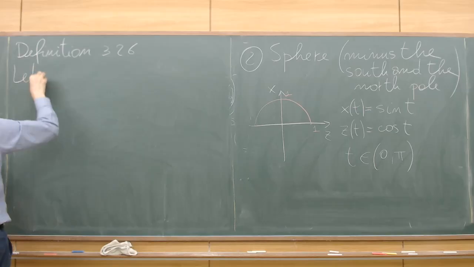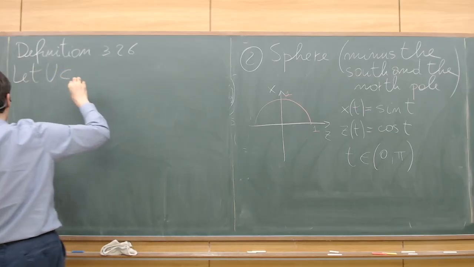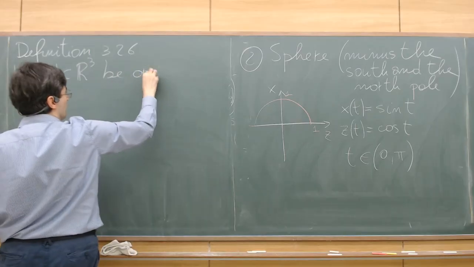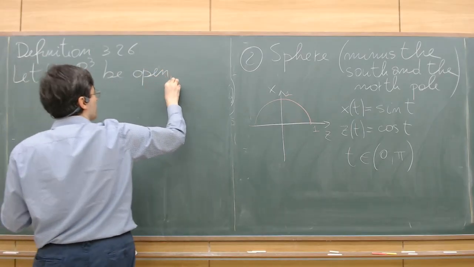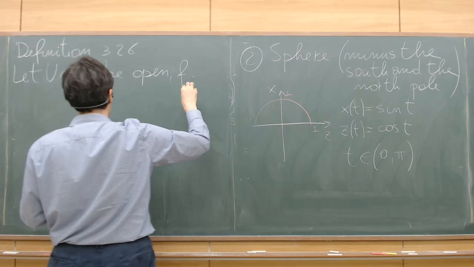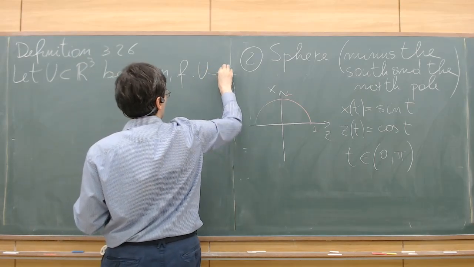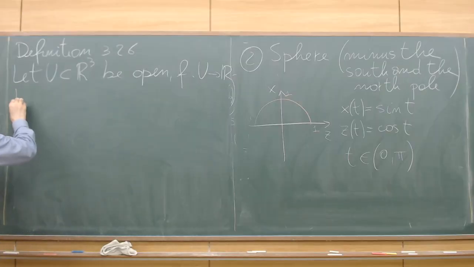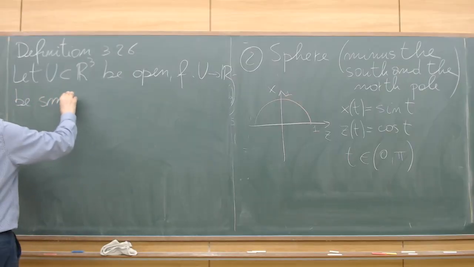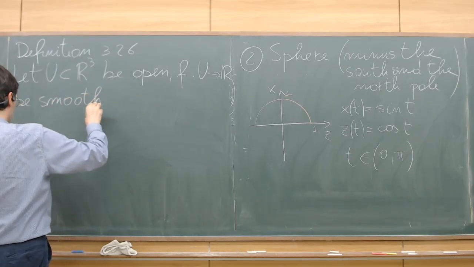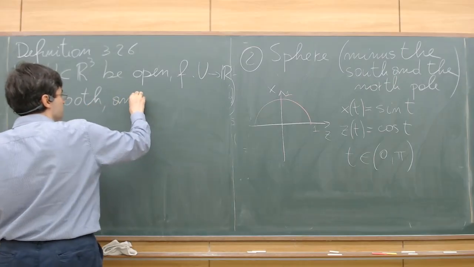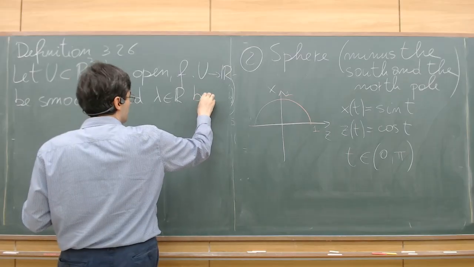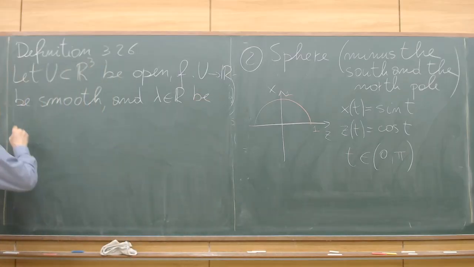Let U be an open set of R^3, F a function with real values defined on U, which is smooth, lambda in R a point in the image of F.